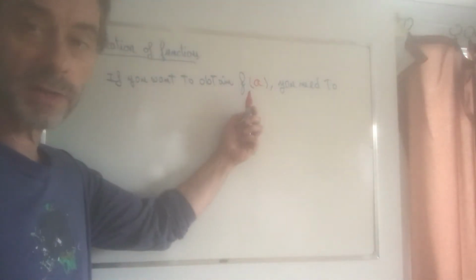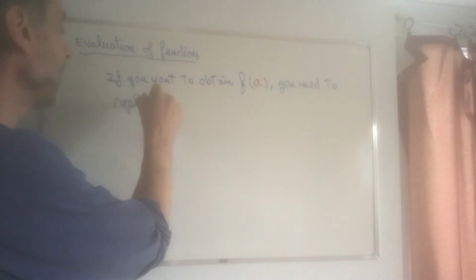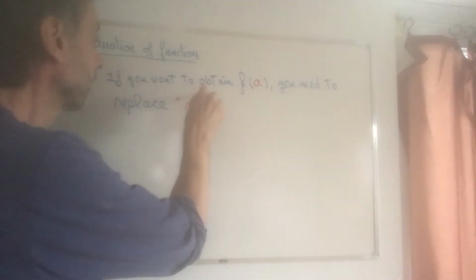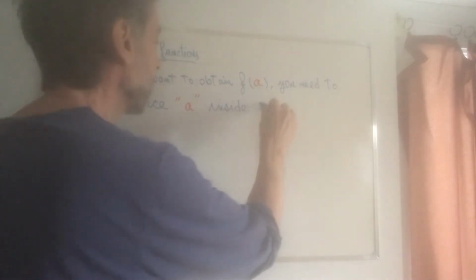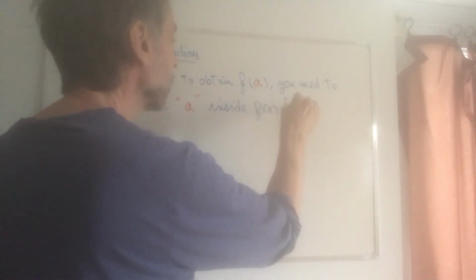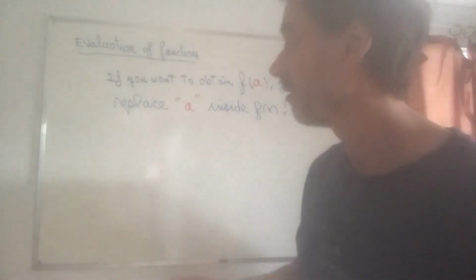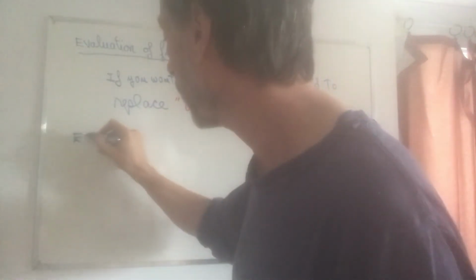Basically, if I have a function and I have a point a and I want f of a, what do I need to do? I need to replace a inside f of x. That's it. It's as simple as that. So let's see if we can get some examples on how this could work.